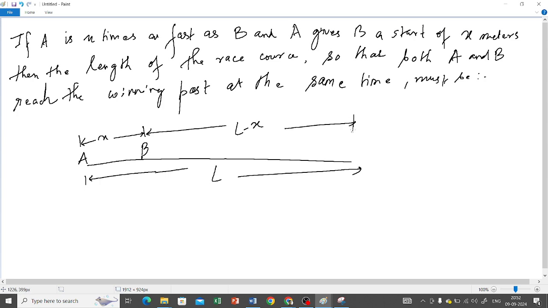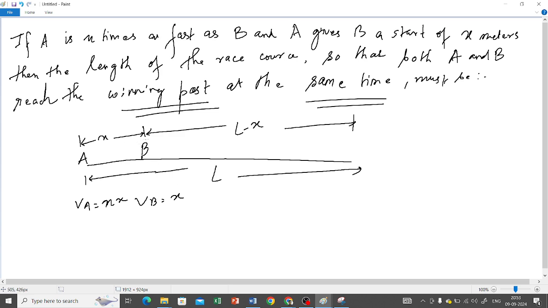B needs to travel L minus x, and A needs to travel the full L. It is given that A is n times as fast as B. If the speed of B is x, the speed of A is nx. Now A and B reach the winning post at the same time.